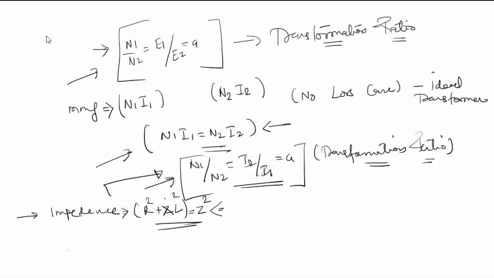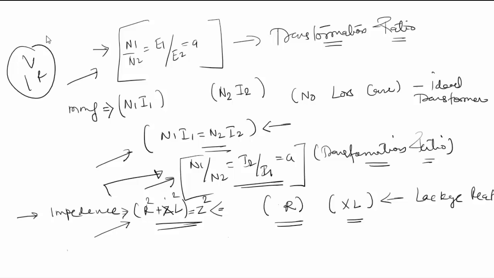In the ideal case the impedance will be close to 0, but if I consider the transformer is not ideal, and add some resistance for the winding and some leakage reactance, or the self inductance of each of the coils, shown by XL, then Ohm's law, V equals IR, can be shown as V equals IZ.